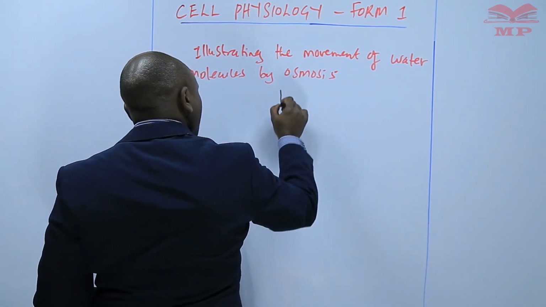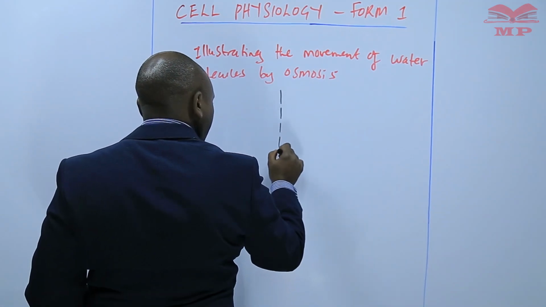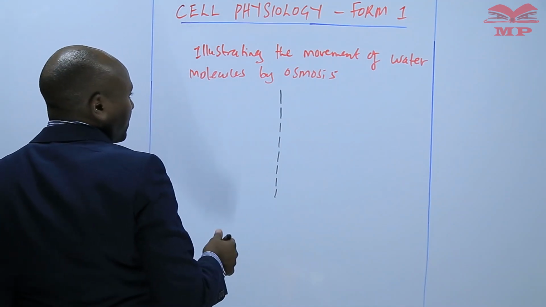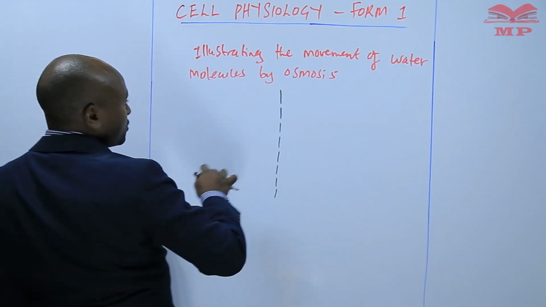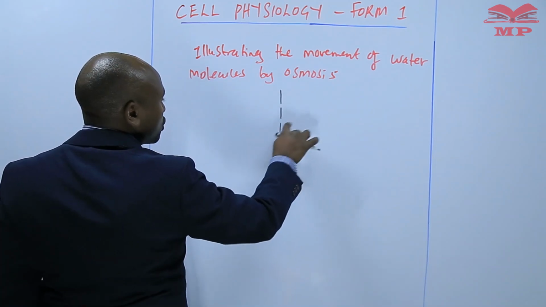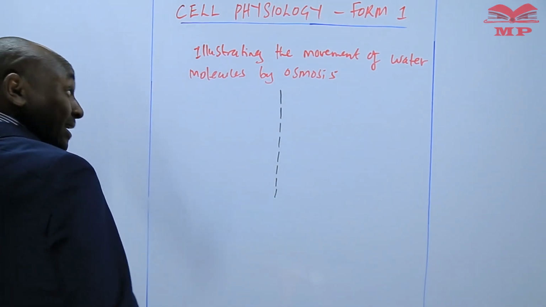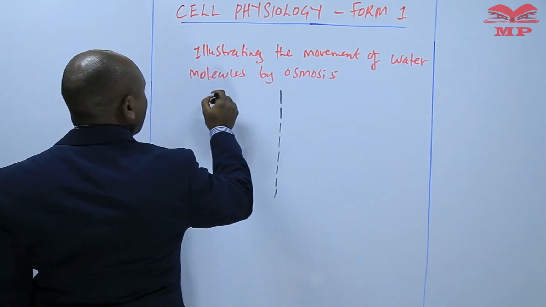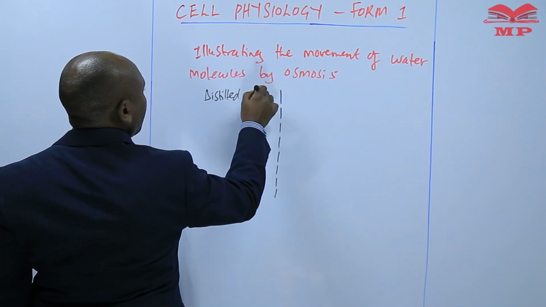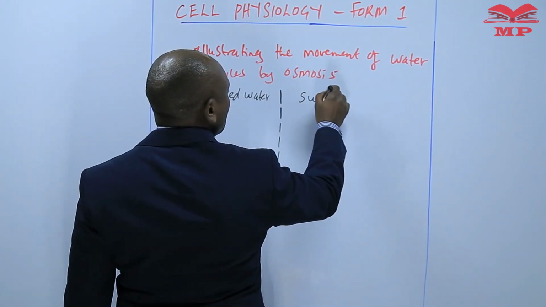and in this diagram we'll have a semi-permeable membrane. As you can see, the semi-permeable membrane has some pores through which materials can pass through. And on one side, we shall have distilled water, and the other side we shall have a sugar solution.